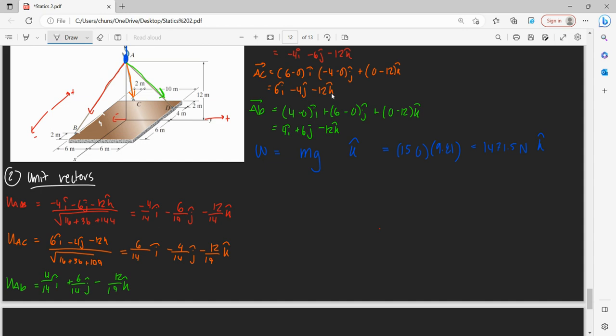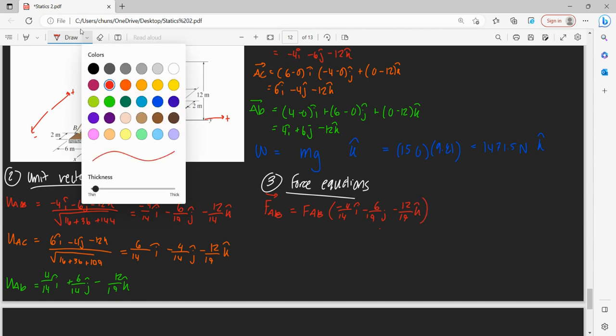All right, so now we're going to define our force equations. Which means that for FAB, that will be our magnitude of FAB times what we found for our unit vectors. And so forth.